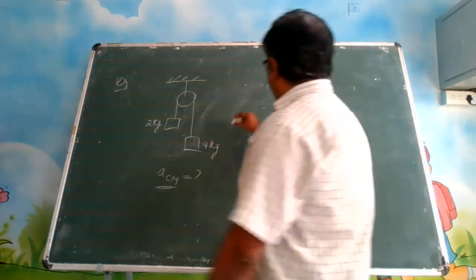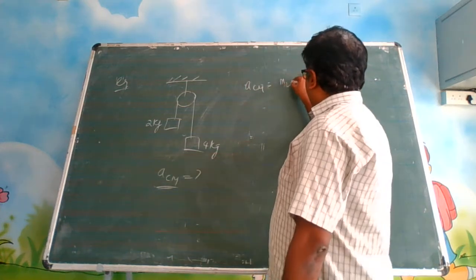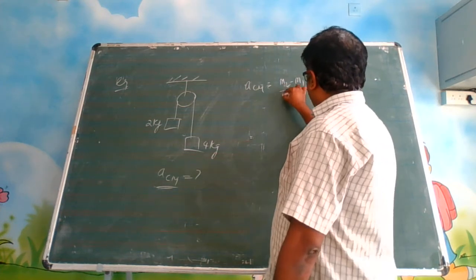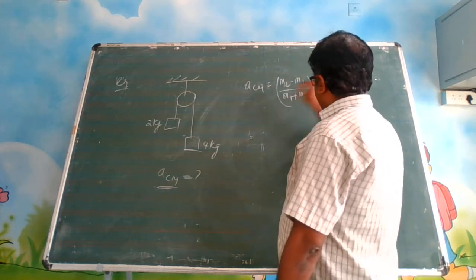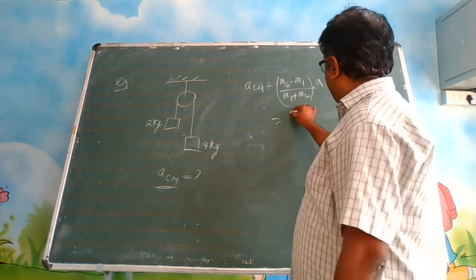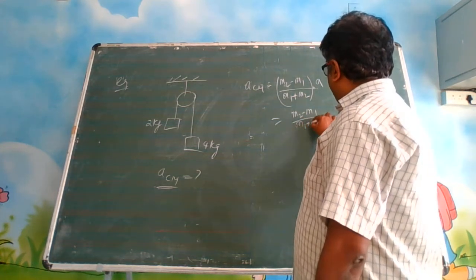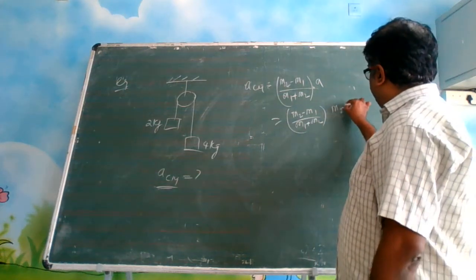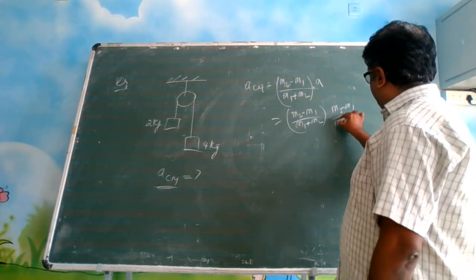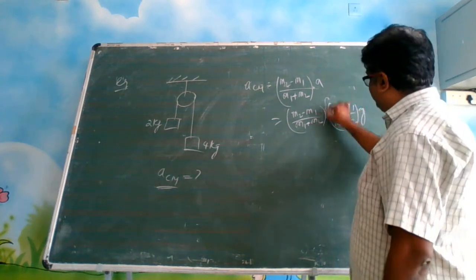So we have just seen that acceleration of center of mass is M2 minus M1 by M1 plus M2 multiplied by A. And what was A? A was M2 minus M1 by M1 plus M2 multiplied by g. Don't forget this g.